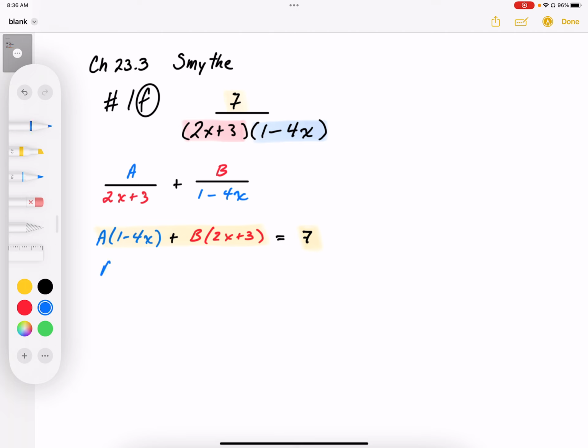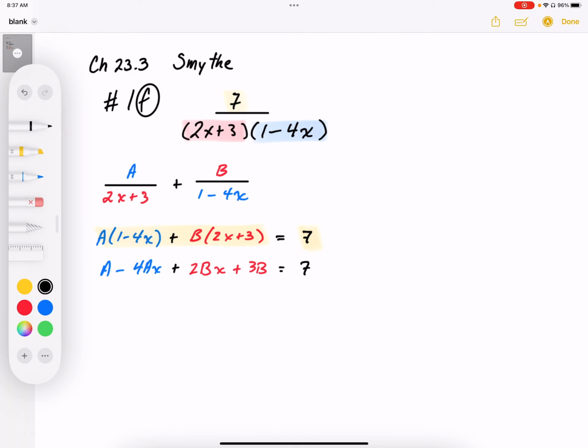So I'm going to end up with a minus 4ax plus 2bx plus 3b, and that's going to be equal to 7.